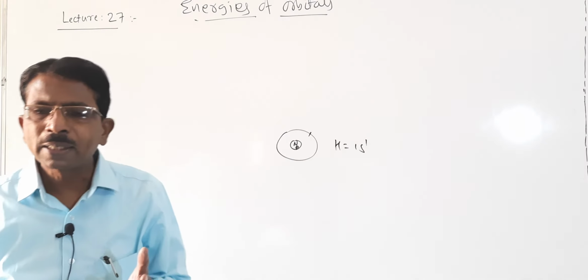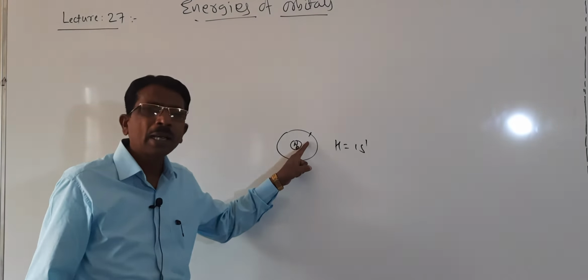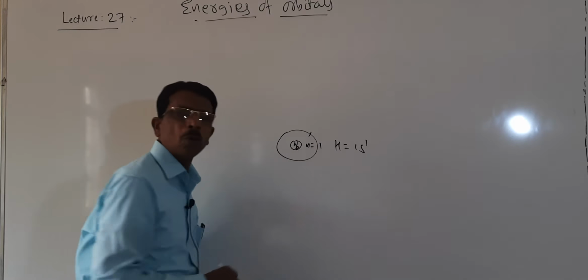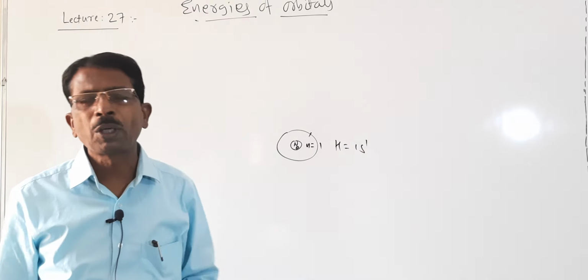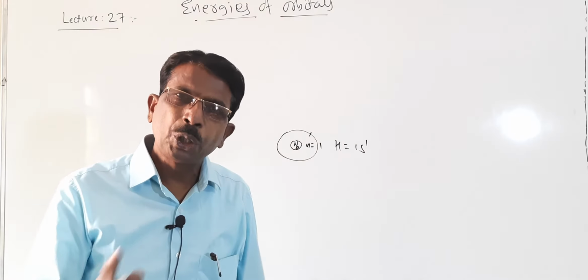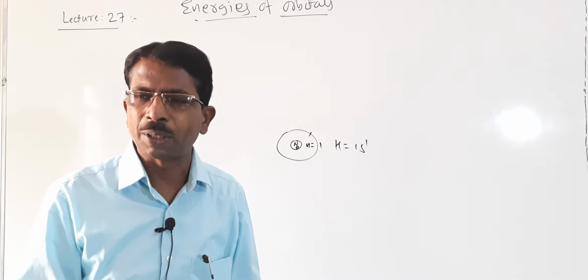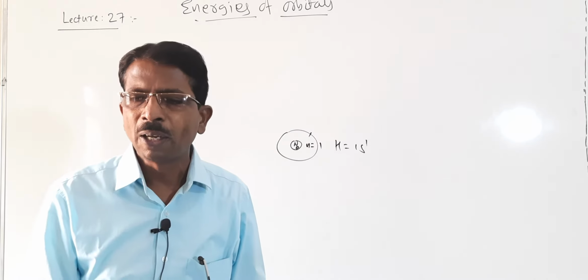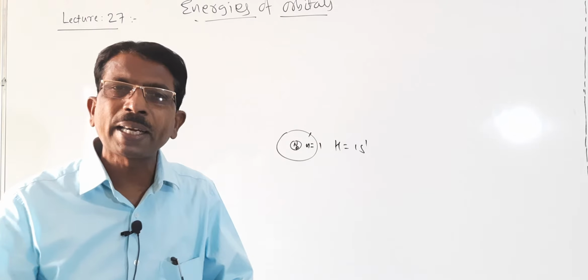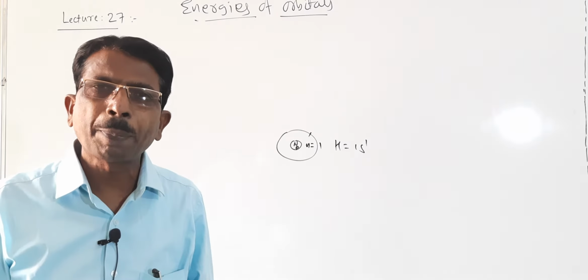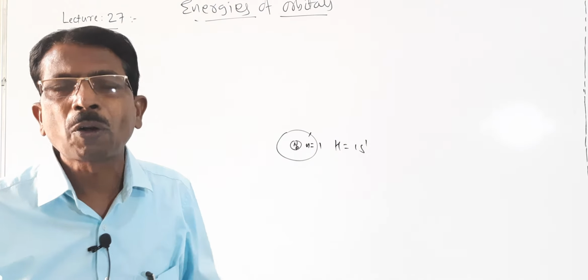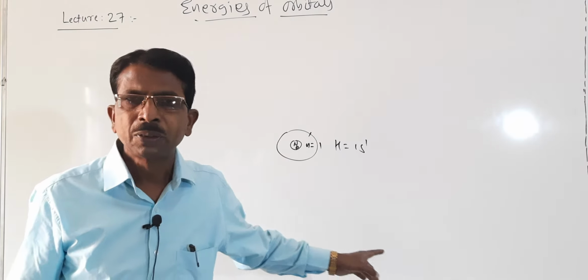Remember students, the energy of an electron in hydrogen is determined by using the principal quantum number n, because it has only one electron. And remember, in the hydrogen atom, due to the presence of a single electron, interelectronic repulsion does not exist, or does not take place.